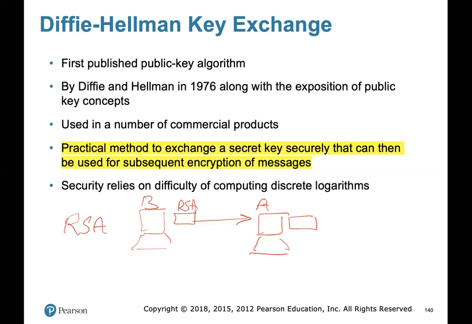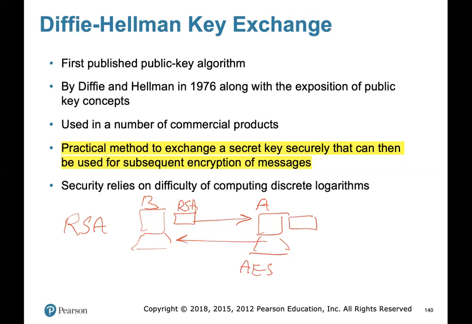And now after sharing the key, they don't need RSA. They switch to, for example, AES, and they transfer the actual bulk data using AES or DES or whatever. So we need a combination of RSA plus AES for establishing a secure connection between the two parties while the channel is not secure.